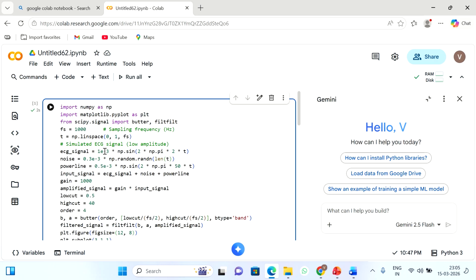Fs is less than that, so this will make the low frequency content resemble high frequency content. So it is called aliasing. This aliasing is undesirable, so it should be avoided, and it is overcome by using the anti-aliasing filter.